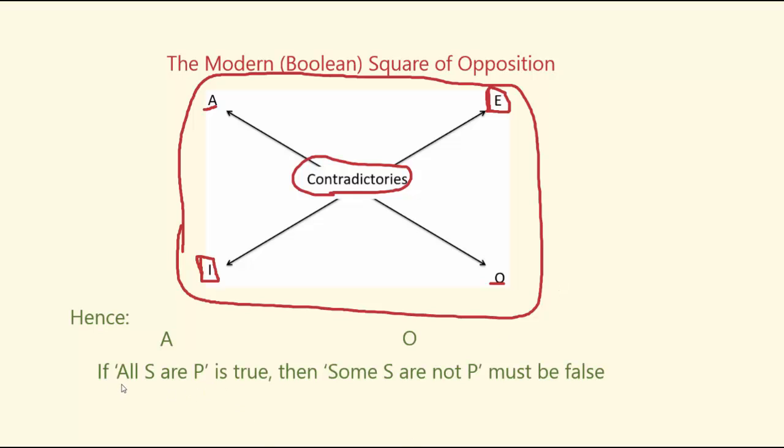So if we have the A proposition, all S are P, and we plug in T for that A proposition, that means if we keep the subject term and the predicate term uniform, then the O proposition of it must be false. And vice versa. If we plug in false here, it's got to be true up here.